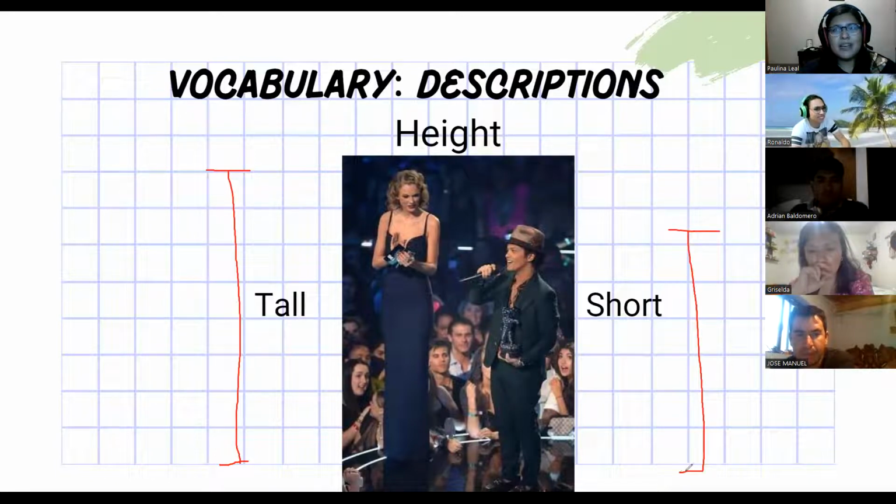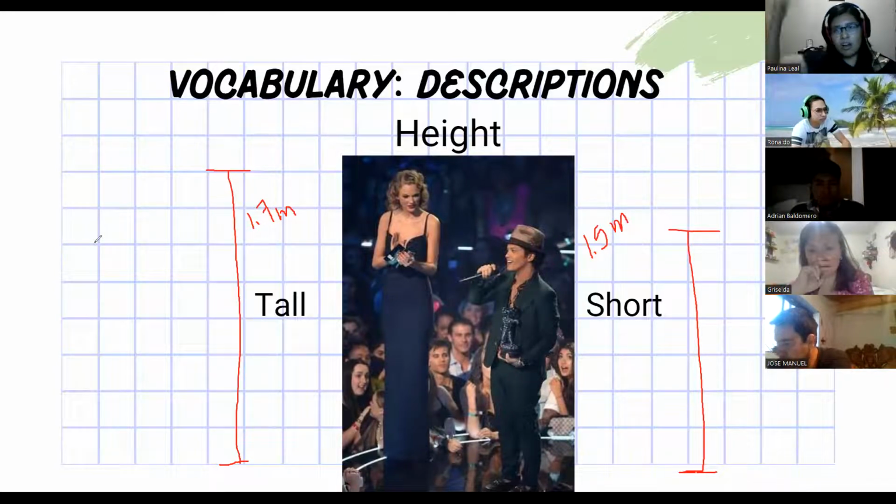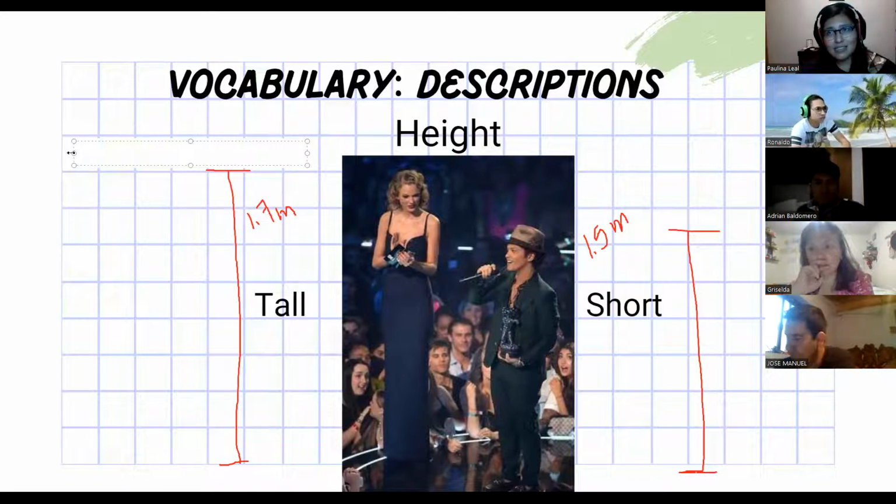So there's a big difference. Let's say Taylor is maybe like 1.7 meters, maybe more. And then Bruno is maybe 1.5 meters. So Taylor is tall, Bruno is short. Now, let's be careful here. Just like in Spanish, when you're talking about height, you're not going to use have or has.